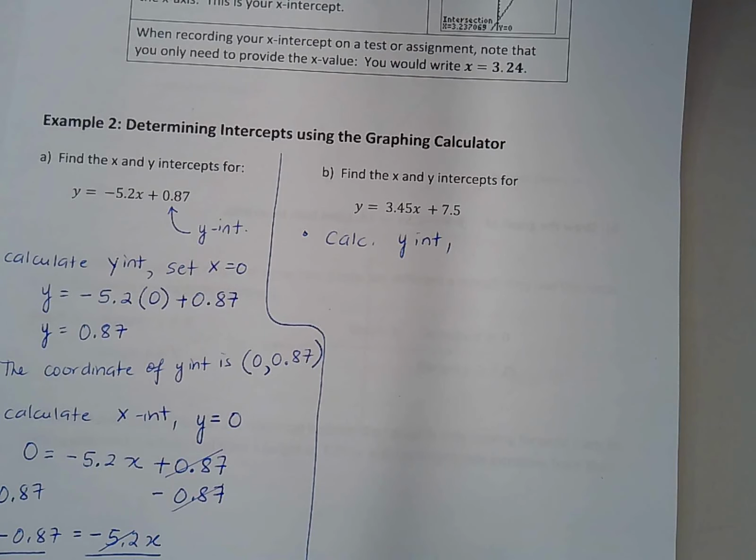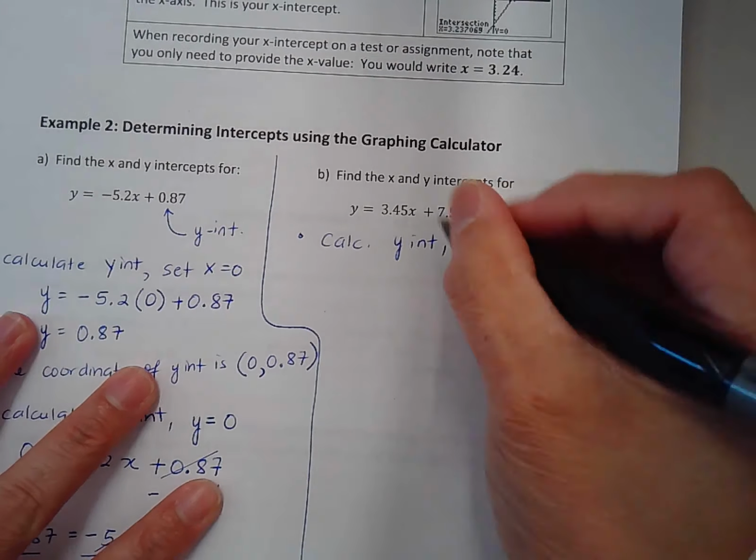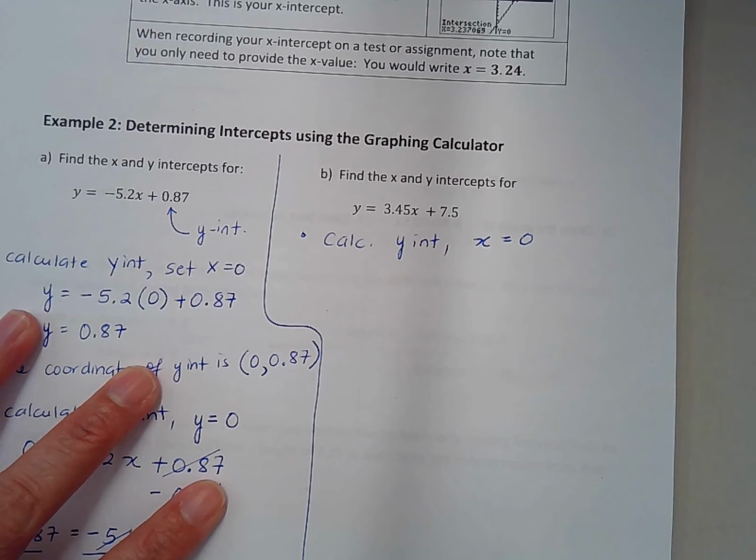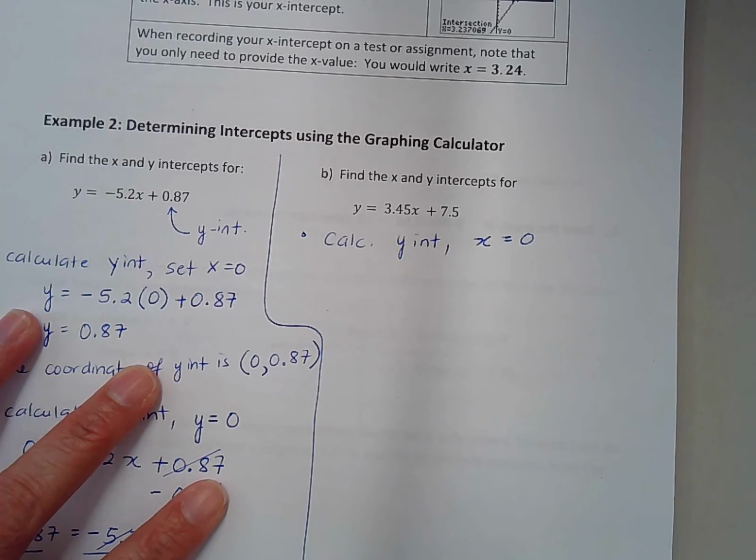So let's do that. y equals 3.45x, oops, times 0 rather, times 0 plus 7.5. And if we do the order of operations, 3.45 times 0 is 0, plus 7.5, so it's going to be 7.5.